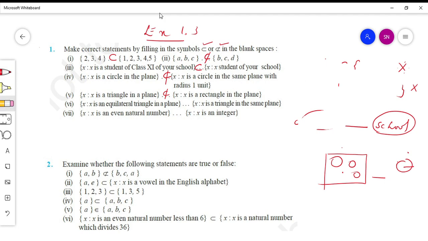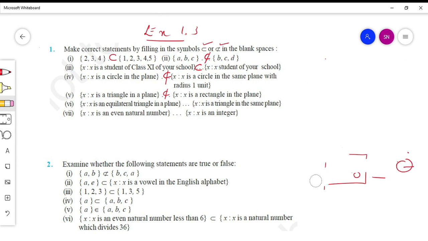Next, I come back to the sixth question. What does the sixth question tell? It tells x such that x is an equilateral triangle in a plane, dash, x is a triangle in the same plane. Now see very carefully.